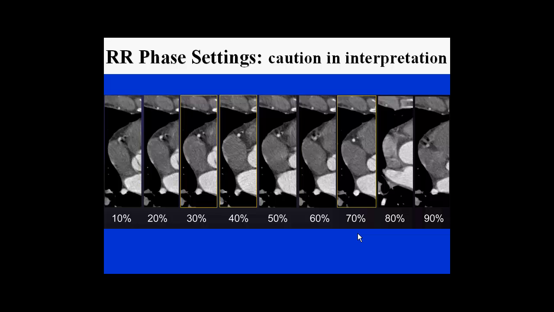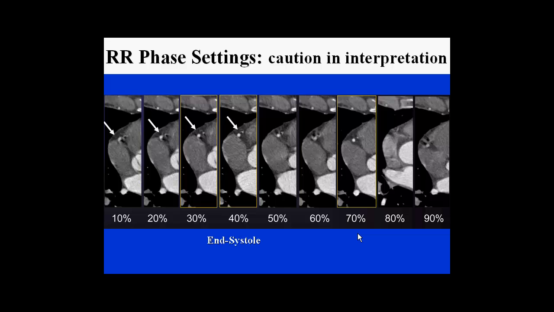The phase of presentation is also very important. You recall that we discussed CT phase reconstructions in previous lectures. Shown here are 10 separate phases reconstructed at 10 different sections during the cardiac cycle. 0%, 20%, 30%, and 40%.